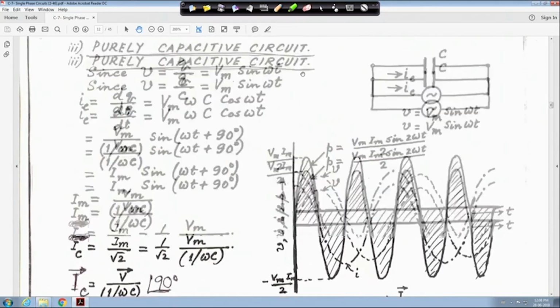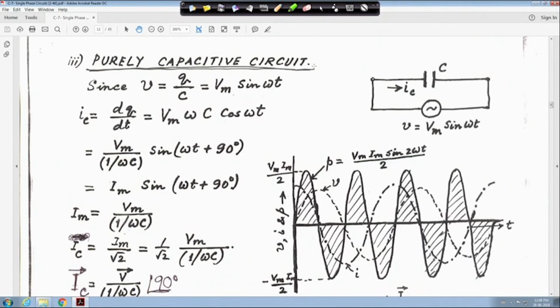for a purely capacitive circuit, the same philosophy will be applied, the way we followed for the inductor, just it will be opposite. In the case of a purely capacitive circuit, we know Q is equal to Cv from DC circuit analysis. So, V is equal to Q by C, and V is equal to Vm sin omega t, same thing we have taken, with instantaneous polarity plus minus.